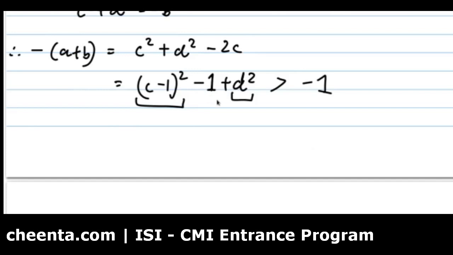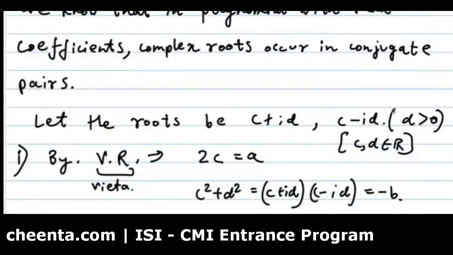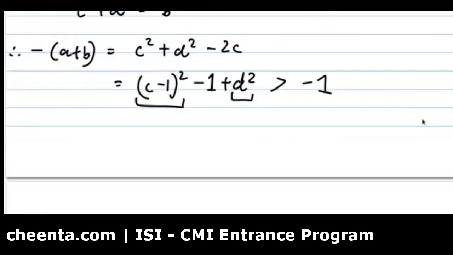And this is -1, so this is greater than, and remember that we had assumed b is strictly greater than 0. So this is how we can make this claim that this is strictly greater than -1. So this implies a plus b, reverse the sign and reverse the inequality sign. So this is part 2 proof.